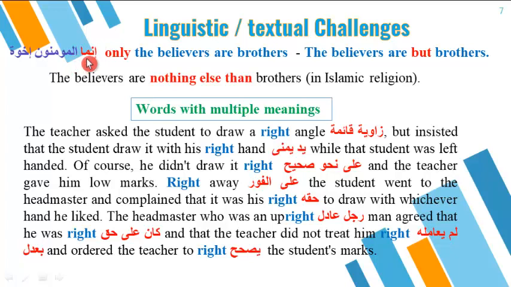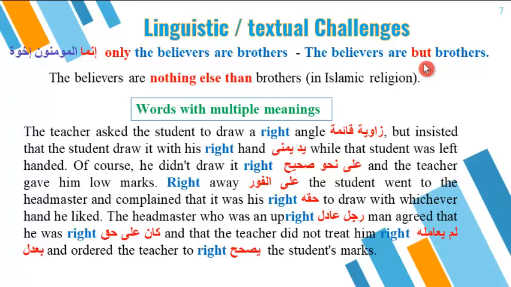For example, if we add innama, here it is a little bit challenging. The first translator says only the believers are brothers. The competent Arabic-speaking person wouldn't accept this translation. But with this, the believers are but brothers, and this use of but here puts emphasis on brothers.